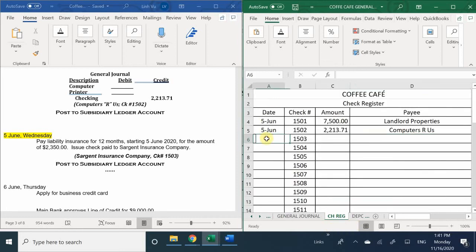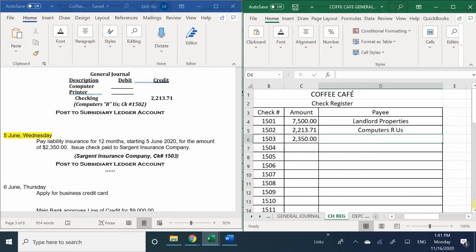So check register. All right. Date is June 5th. We know that it's going to be check number 1503. And for what amount am I going to pay? It's the 2,350. Good. And the person I'm paying is going to be Sargent Insurance. Is it with an A? Yeah, Sargent Insurance Company.